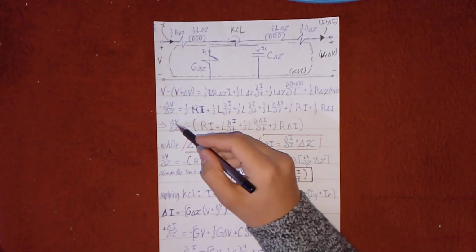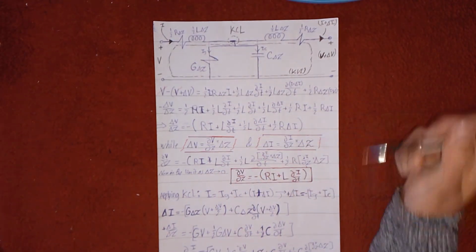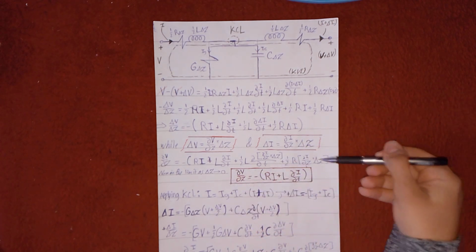So we substitute these delta V, delta Z and delta I with these two equations. We get this equation.